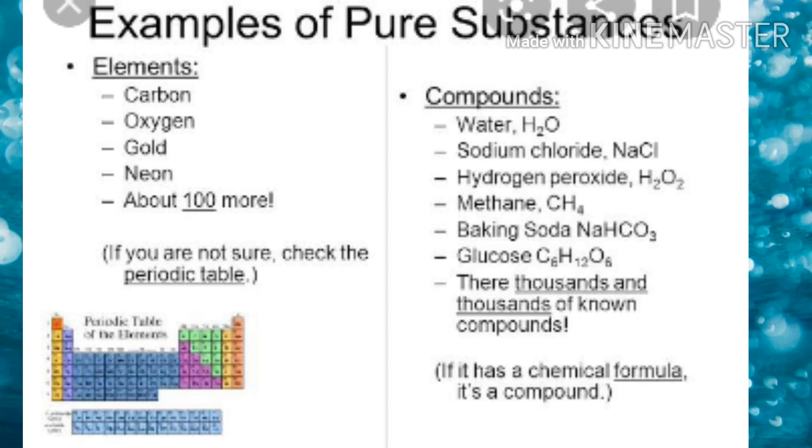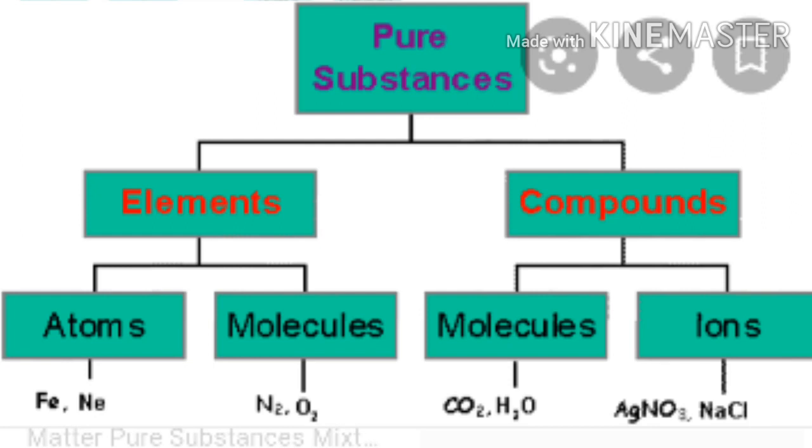They are also made up of one kind of particles. One kind of particles means pure substances. So these pure substances are also divided into two parts, which are elements and compounds.